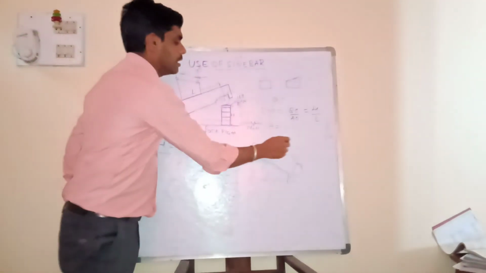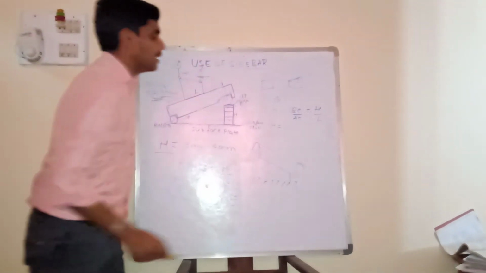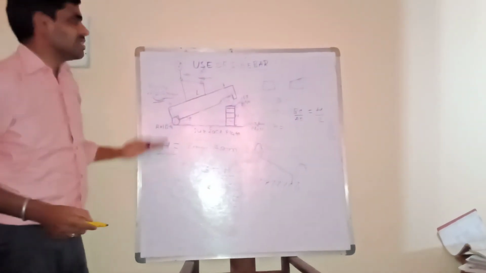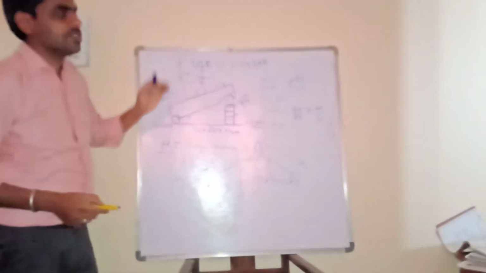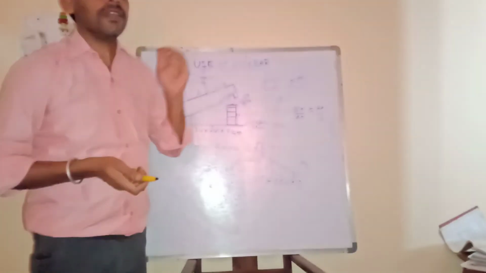Then we check the unknown angle of the given specimen with the help of the sine bar, by moving the dial indicator from one end to the other. This is the simple application of the sine bar in industry.